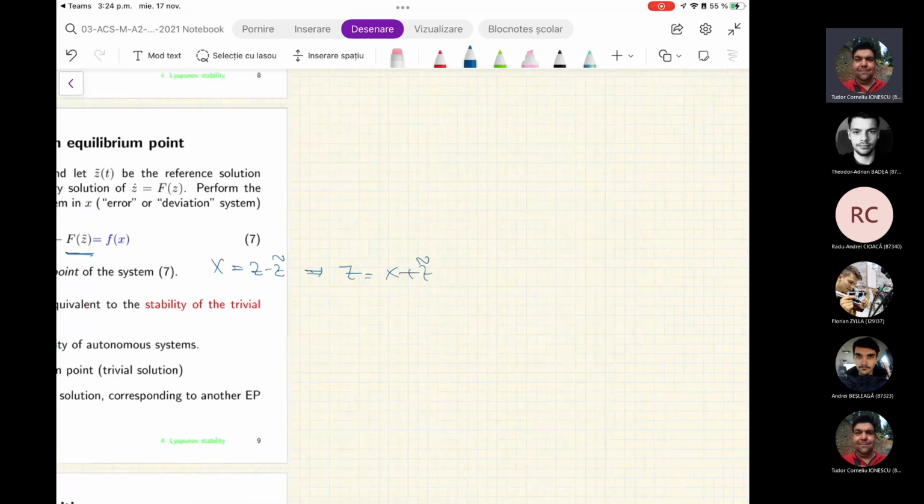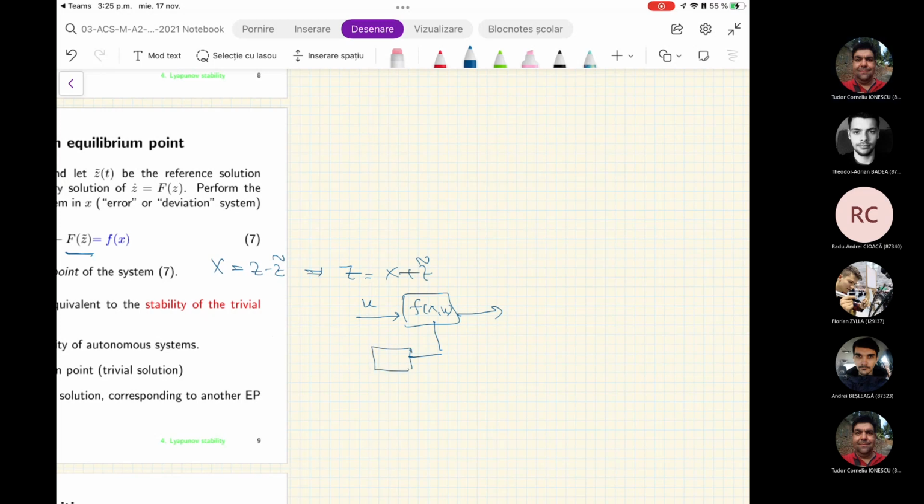Why does this make sense? Because even if you have a nonlinear forced system, if you want to stabilize and check the stability, you can always pick a state feedback and connect it here to U. And then this system is autonomous, and this becomes f of x, because U is alpha x.